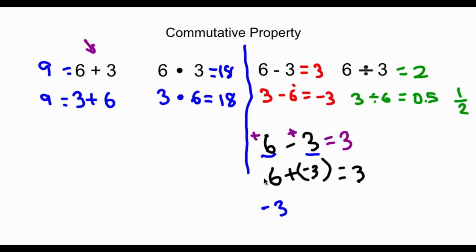The 6 didn't change, so you just move it as is while keeping the addition in the middle. So if you had a subtraction and wanted to move things around, you need to change that subtraction into addition, making the number from a positive to a negative, and move it as a negative term. And if we do the math here, negative 3 plus 6, you actually get a positive 3.